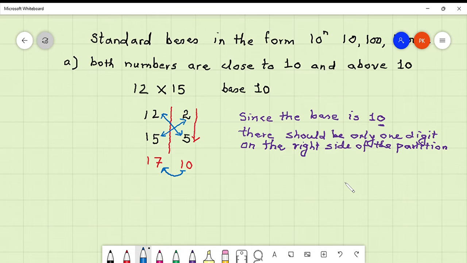It will become 18 here. So 0 will remain here, and hence 12 into 15 will be 180.